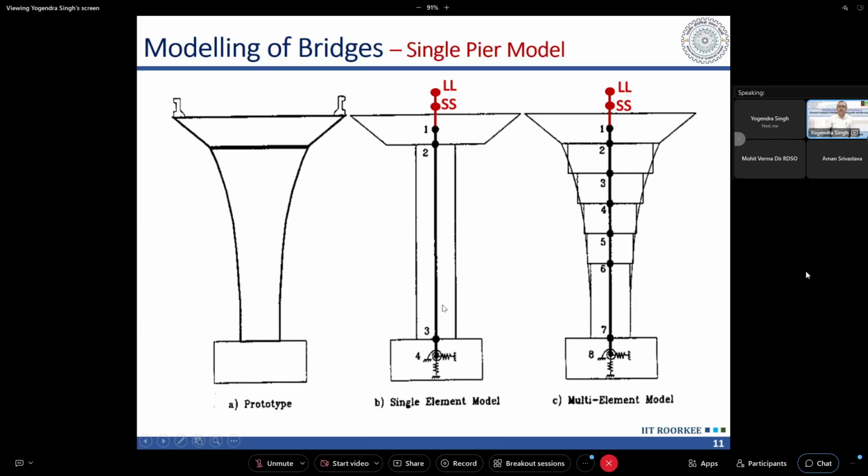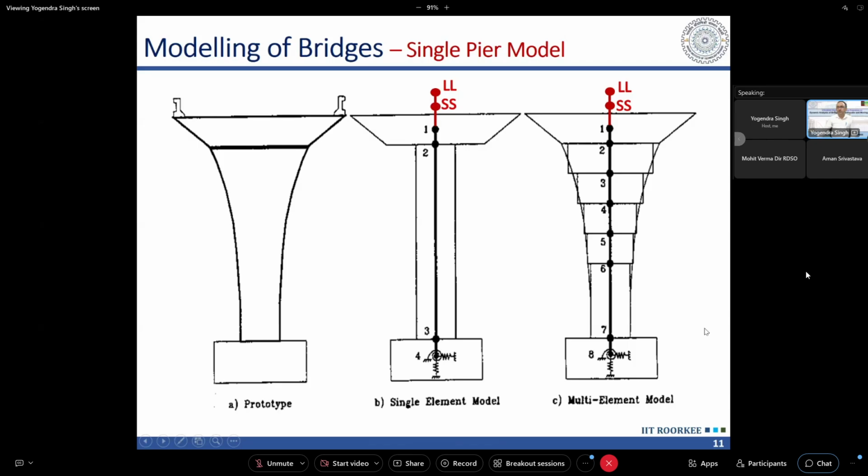So in case of short prismatic piers, we can use a single frame element as shown in the center figure, and in case of either a tall pier or when the pier is changing in cross section, we have to use multiple frame elements.